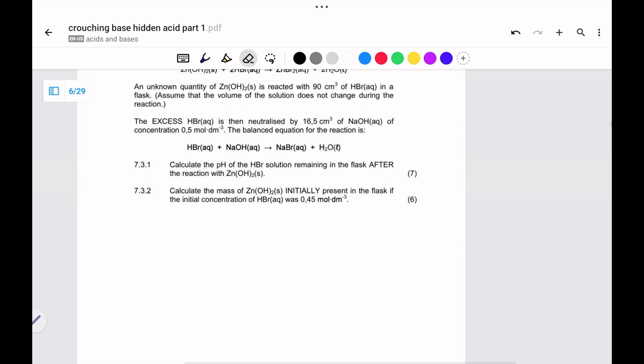In this case, they're talking about the HBr solution after reaction with the zinc hydroxide. Right? We know that the HBr, well, it's stated in the problem, HBr is in excess. So we just need to figure out the concentration of HBr that remains, and then we can figure out the hydronium ion concentration using the ionization equation. So that's going to be the strategy.